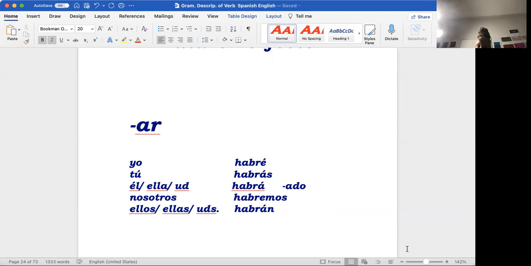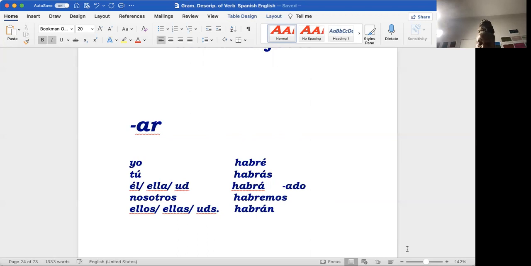So in Spanish, for the verb haber, it's habré, habrás, habrá, habremos, habrán. You see those accents? They're very important. For now, just memorize them. Later on, I'll explain to you how to use accents in Spanish, but they're very important. Do not think, I don't need to put it. You do.